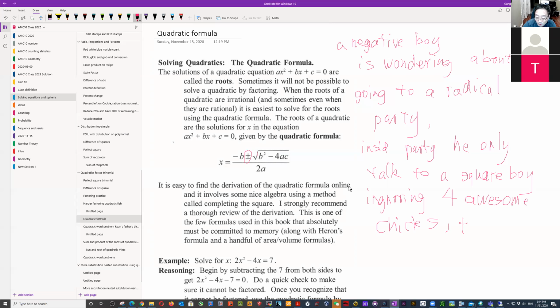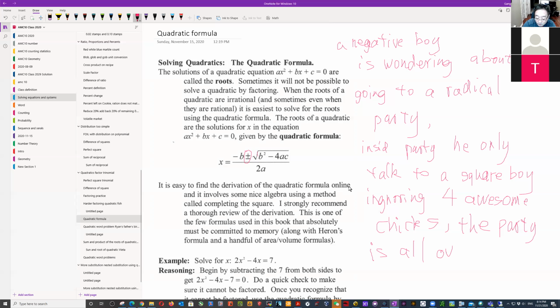Then the party is all over at 2 a.m. All over means everything is above the fraction line, and under the fraction line is 2a.